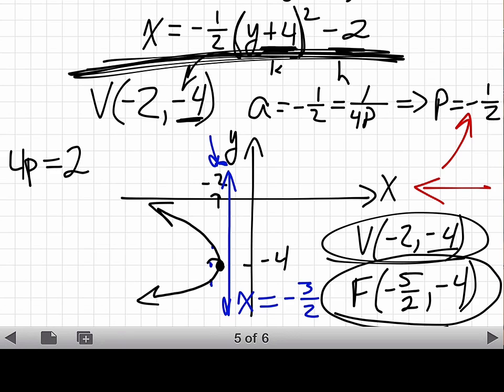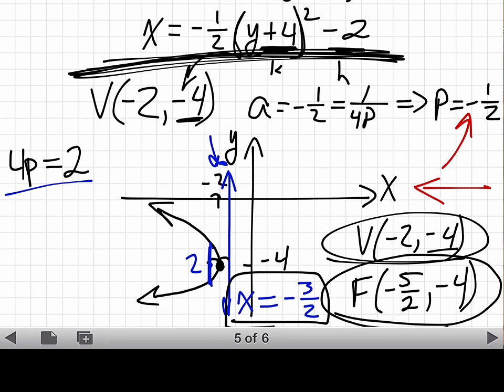So the focus is at -5/2, -4. The directrix is p units on the other side of the vertex, and so had the equation x equals -3/2. The focal diameter, the width of the parabola at the focus, in magnitude is 4p, and so has a width of 2 at that point.